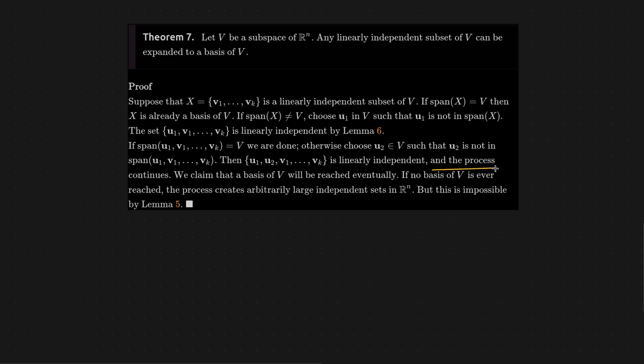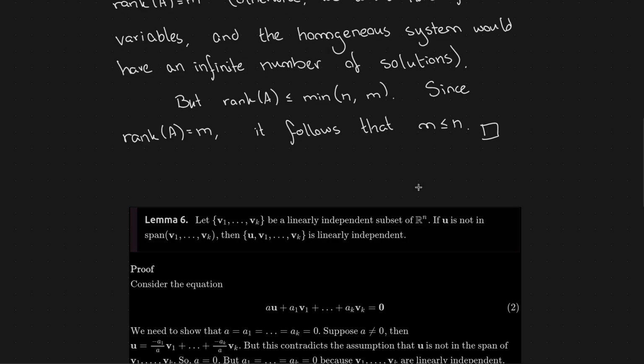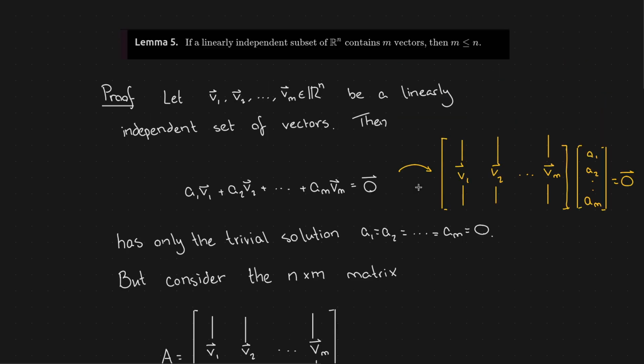And the process continues. We could keep doing this until the span of the vectors is equal to V. We claim that a basis will be reached eventually. How do we know we won't just go on adding vectors forever? Because of lemma 5. Lemma 5 says if we have a linearly independent subset, then that subset must have size less than or equal to n in Rn.